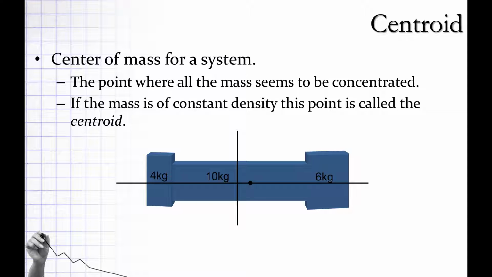We have constant density, however, our weight may not be distributed evenly amongst the object. So we need to figure out where the concentration is: where is it heavier, and how far are we away from the true center?